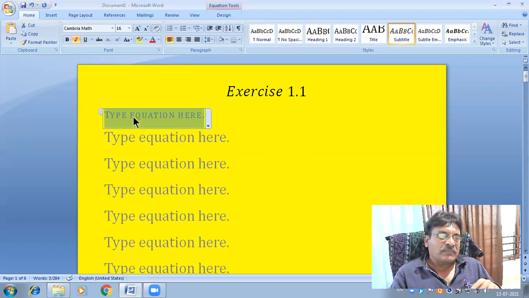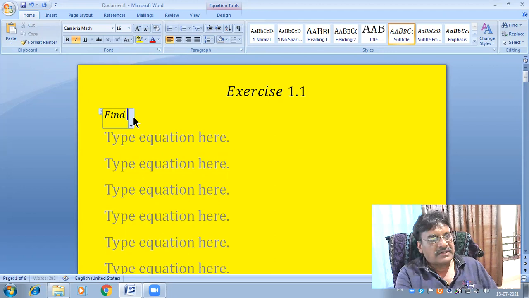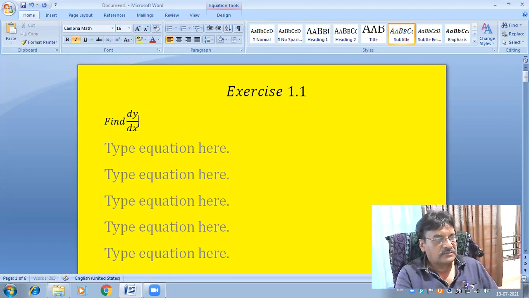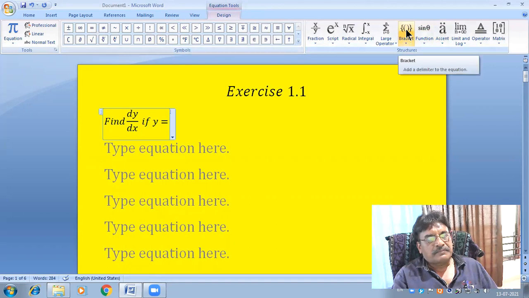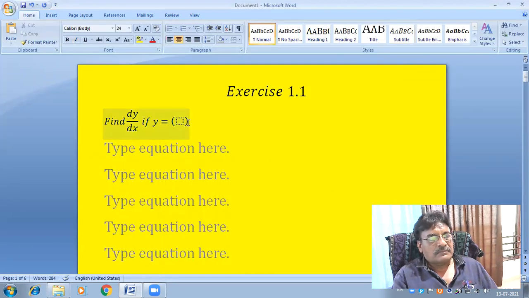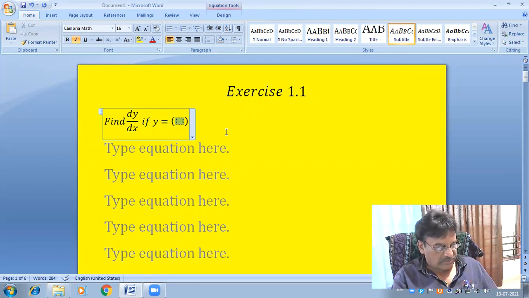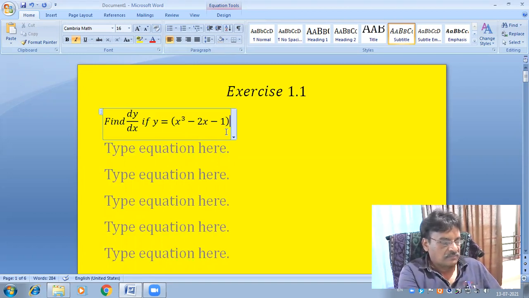So here we solve the first problem, and the first problem is: find dy by dx if y is equal to (x cube minus 2x minus 1) to the power 5.